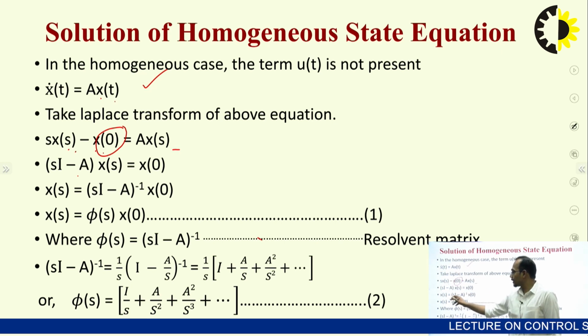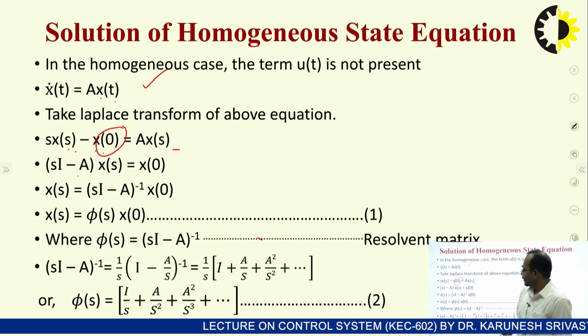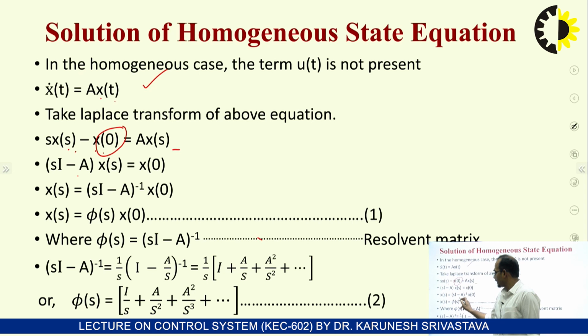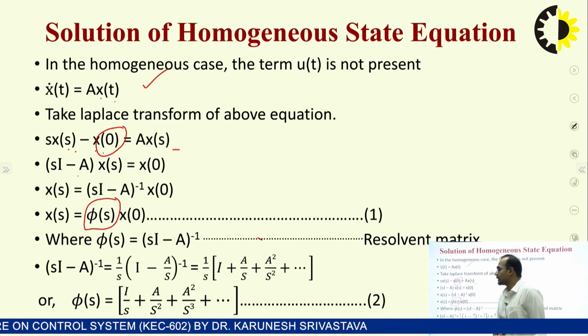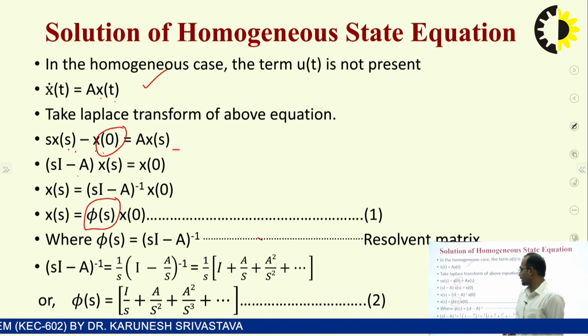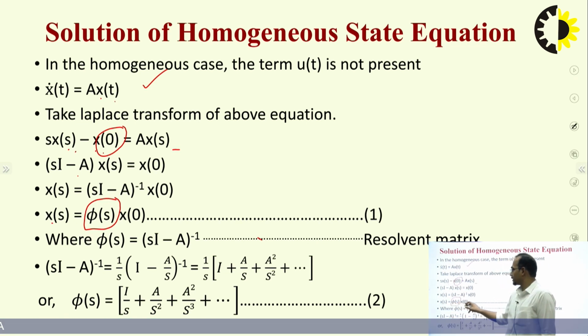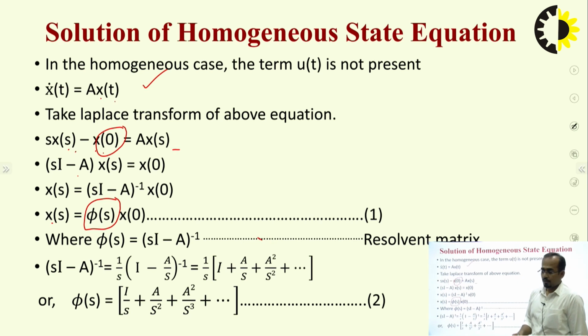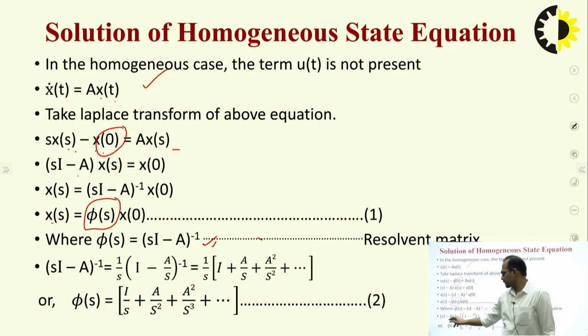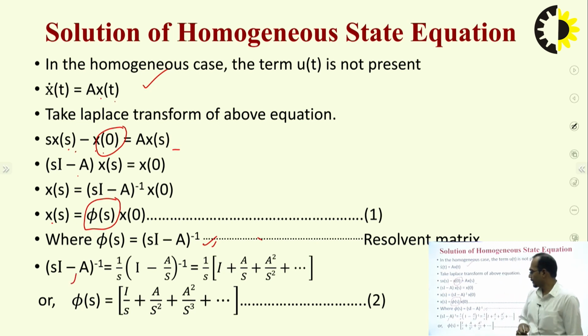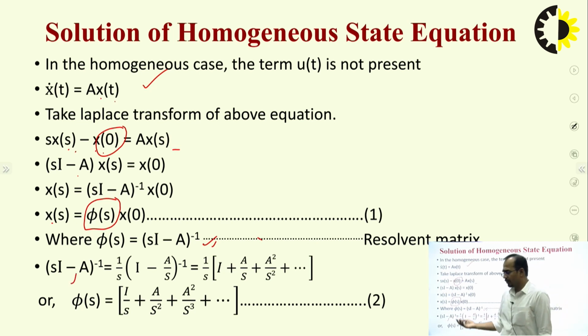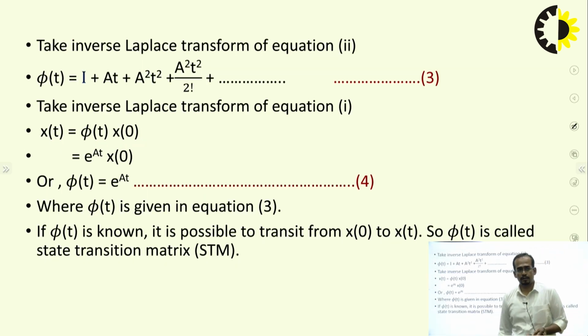So X(s) will be equal to (sI minus A) inverse into x(0). I am replacing this (sI minus A) inverse by another variable, that is phi(s). So X(s) is equal to phi(s) into x(0), where phi(s) is equal to (sI minus A) inverse. You can expand this using this formula, or if you don't want to expand, there is no need to expand.